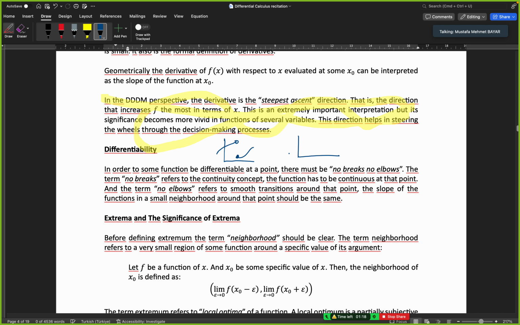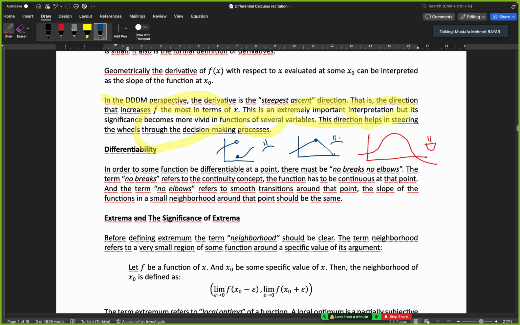And that is an elbow. On the other hand, this is a smooth transition. So we like this guy, and we don't like these guys. They are not differentiable.